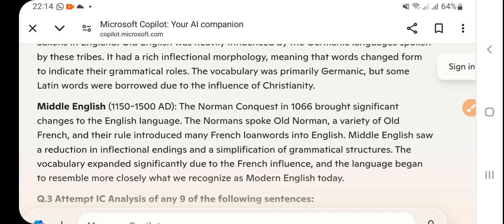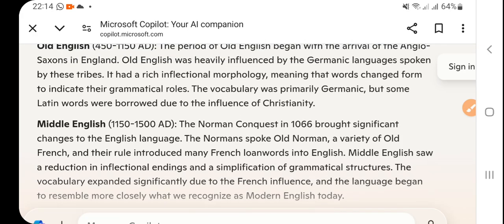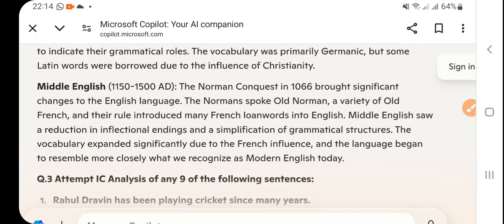The vocabulary was primarily Germanic, but some Latin words were borrowed due to the influence of Christianity. So that's the Old English we had already discussed.